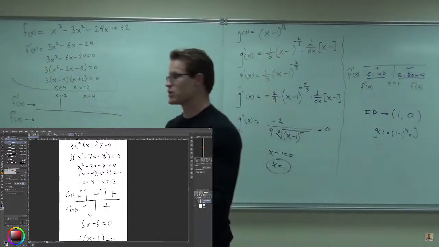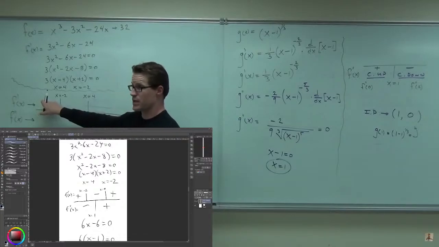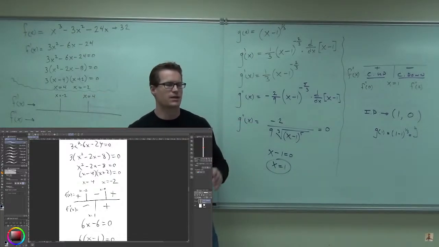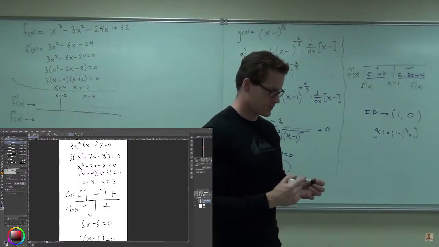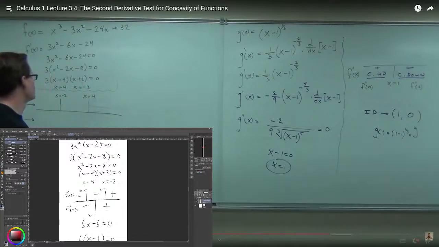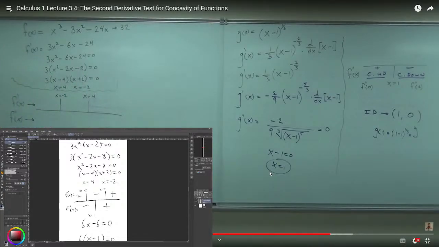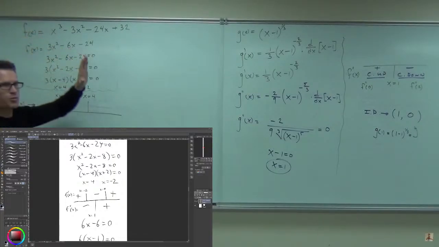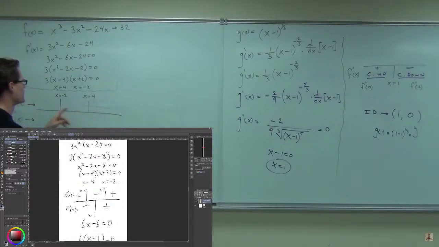Plug in some values for each interval. I want maybe negative 3 here, maybe 0 here, and maybe 5 here. It doesn't have to be those numbers, but something in that interval. Remember, we're plugging these into our first derivative, not the function that gives you points. The first derivative is going to tell you slope, which is increasing or decreasing.